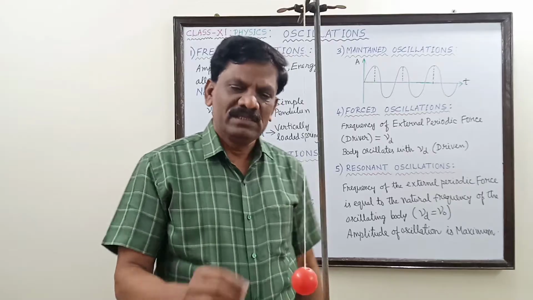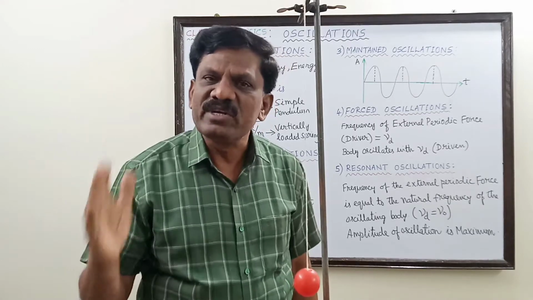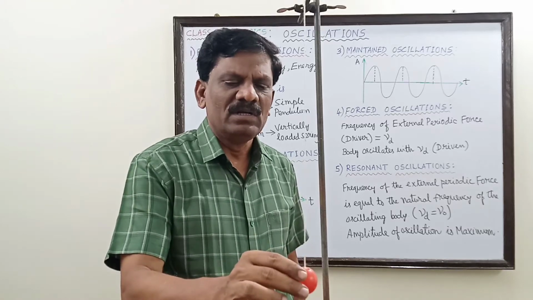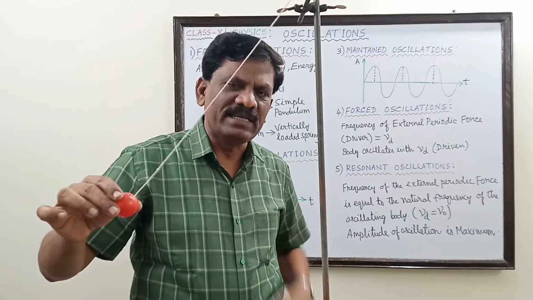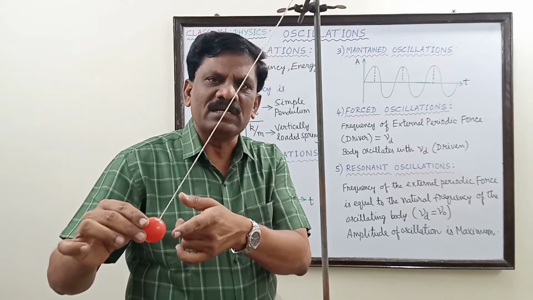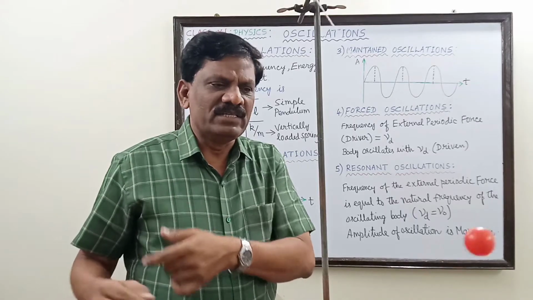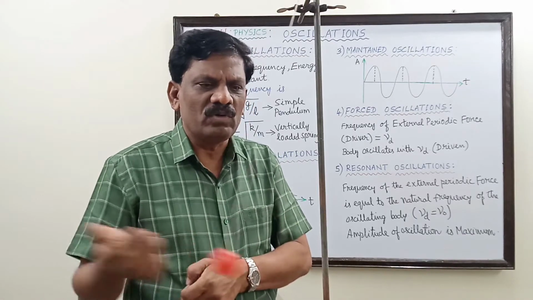Now I displace the pendulum to one extreme position, say the left. From here I drop it. So it is now going to oscillate to and fro, to and fro.